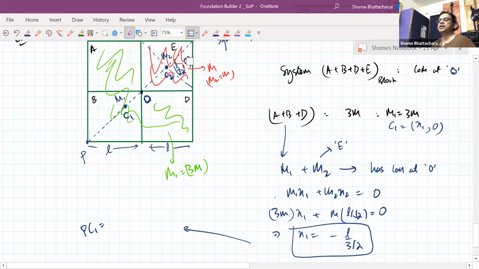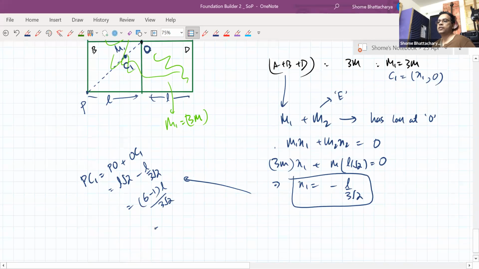So PC1 can just be written as PO minus OC1. It will become L root 2 minus L by 3 root 2, which can be written as (6 minus 1) L by 3 root 2. If you rationalize the denominator, that becomes 5 by 6 root 2 times L. So that is PC1, and C1 is the position of the center of mass that we are looking for.